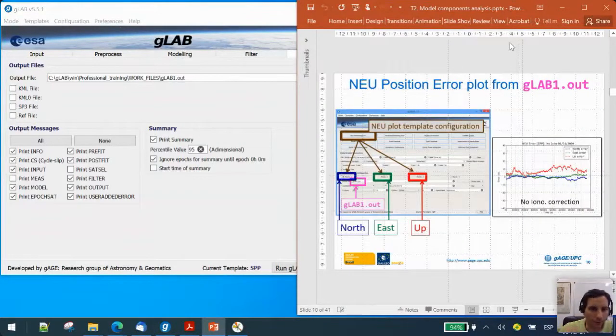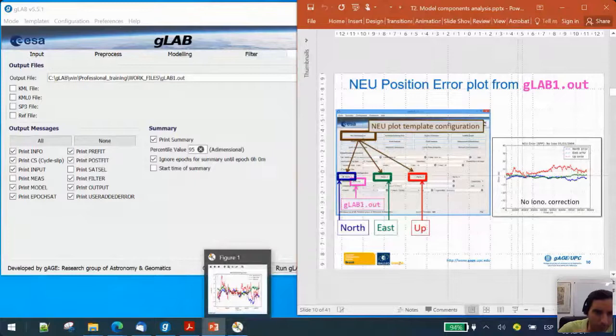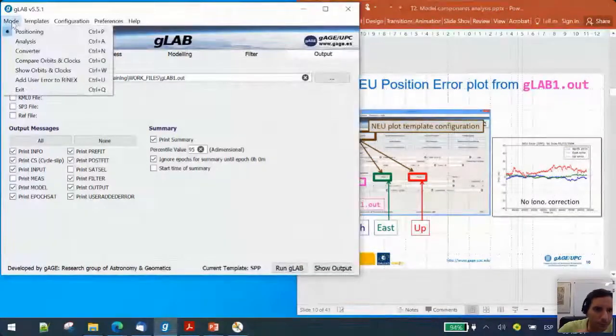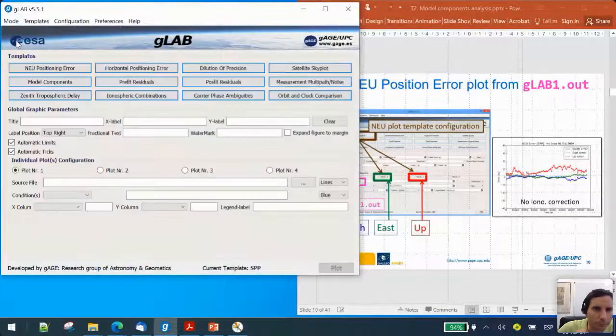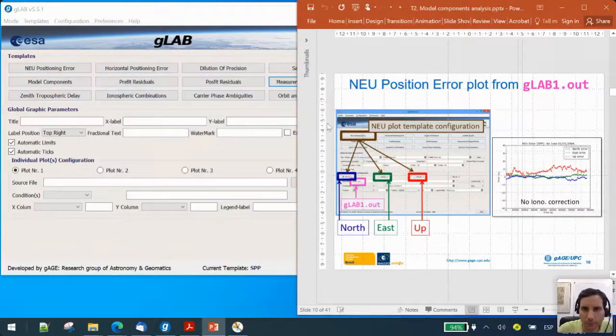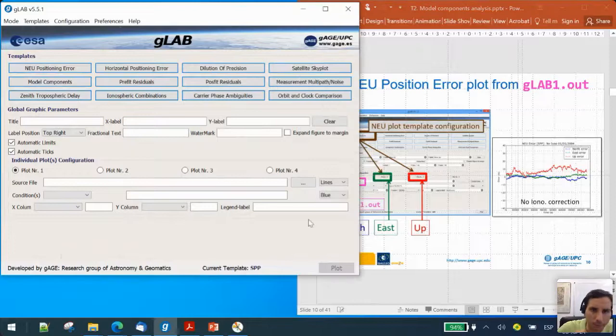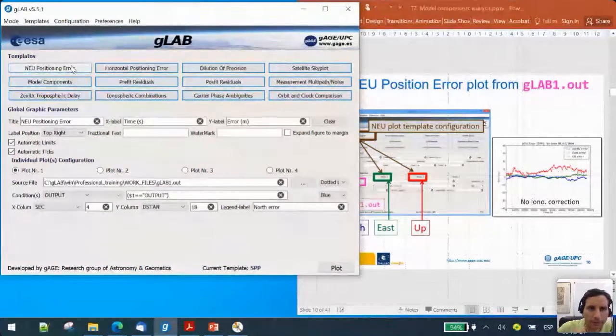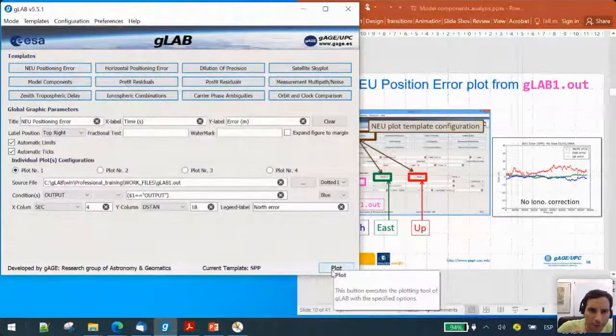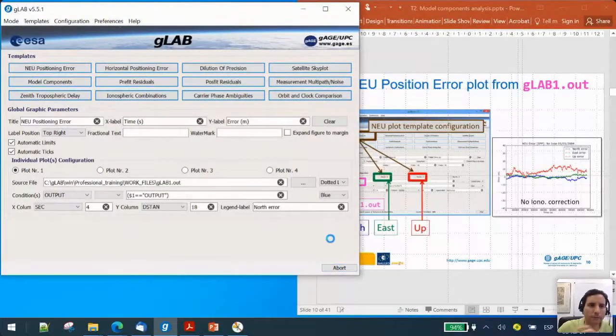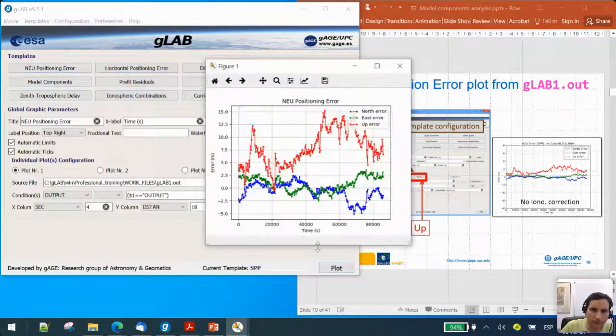Okay, so if we go to the analysis again, and we plot the north-east-up positioning error, again with automatic limits, we can do a first assessment.